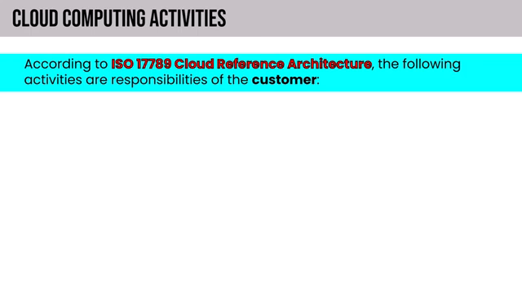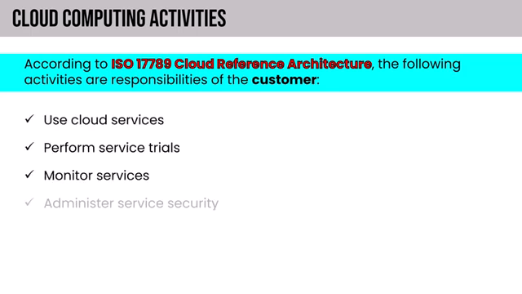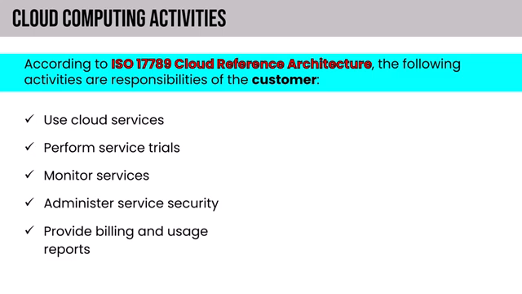So according to ISO 17789, the following are the responsibilities of the customer. So certainly using cloud services, performing any service trials to ensure the appropriateness of a specific cloud service, monitoring, administration, billing and usage reports.